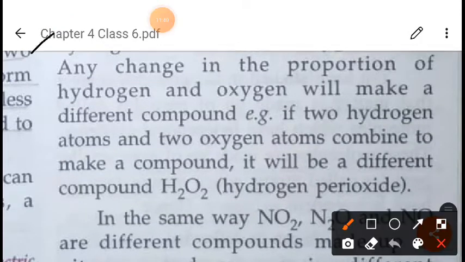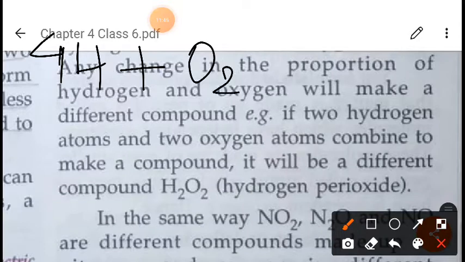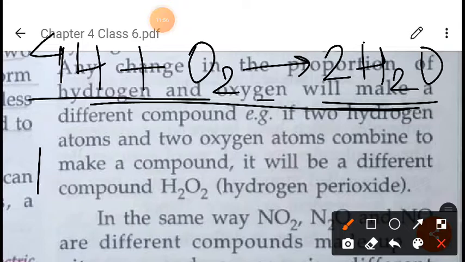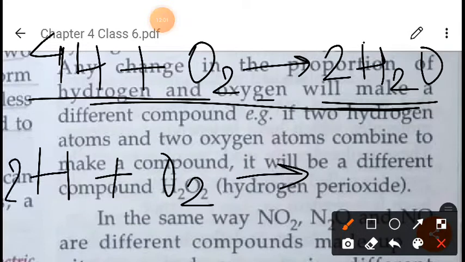Like this, what we have seen, 2H2 plus O2 will give 2H2O, right? This is water, the normal formula. But if we use 2H2 plus 2O2, we will get 2H2O2.